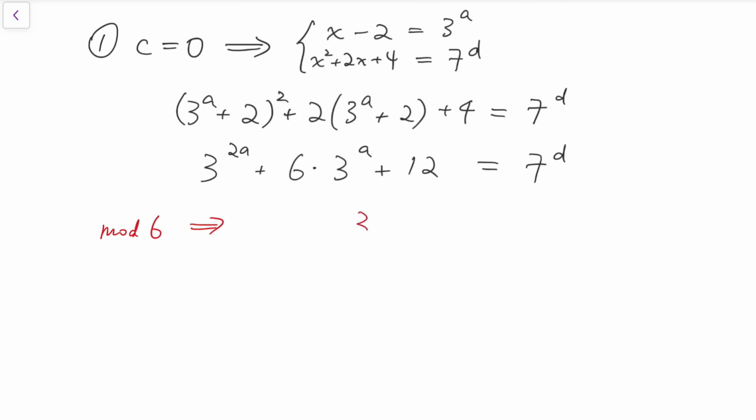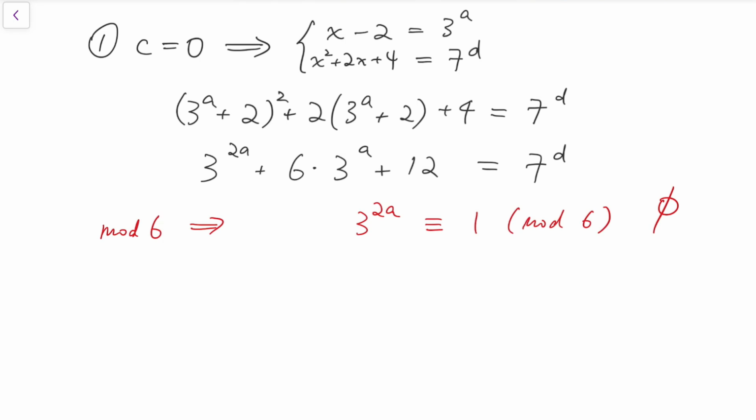For the left side, we have 3 to the power 2a, and on the right, d is equal to z, again positive, so again we can safely take mod. But now it's congruent to 1 because 7, the base, is congruent to 1 mod 6. But that's impossible because a is positive, so the powers start from 3 squared, which is 9, that is 3 mod 6, and the period just stays at 3 mod 6. So there is no solution for this case when c equals 0.